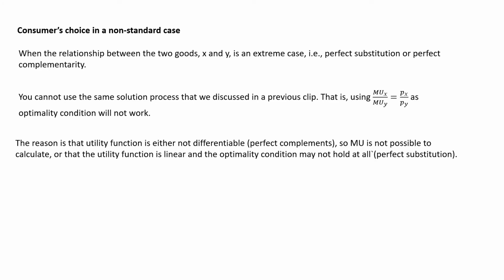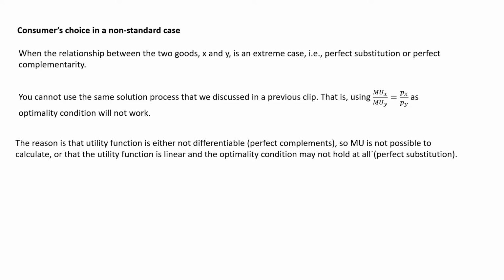The reason why this solution will not be possible is that in case of perfect complements, we have a utility function which cannot be taken the first derivative of. It is not differentiable. That is, you cannot calculate MUX and MUY, you cannot calculate the MRS. Or, in case of perfect substitution, we shall see that the utility function is linear.